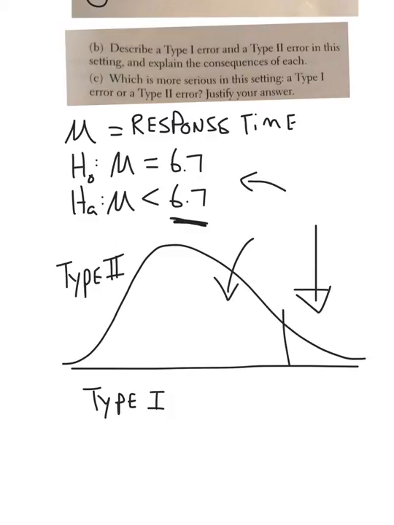So we would fail to reject the null hypothesis and continue to try to get better. Well, here's the mistake for a type 2: we did this by mistake. Okay, we got a weird sample. So now we're saying we keep trying to improve, even though they did improve. So what's the consequence in that one?